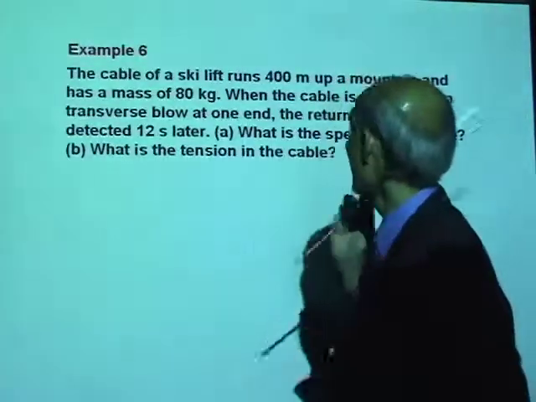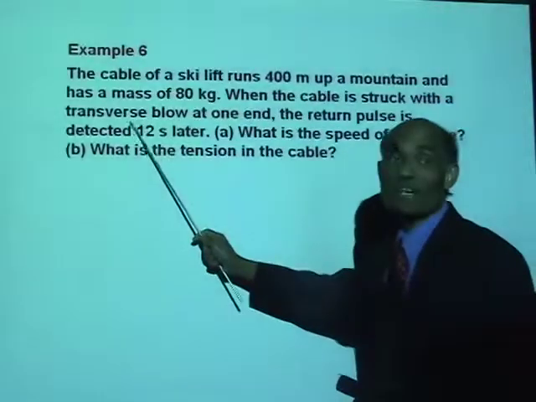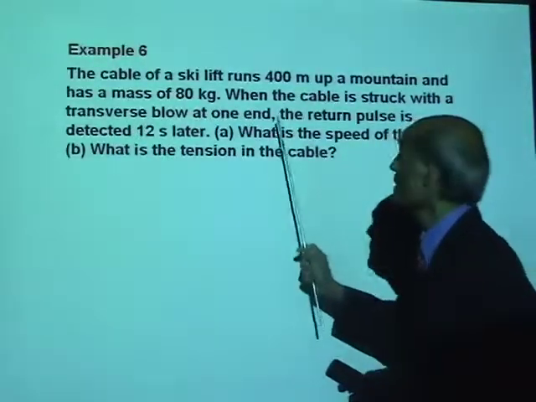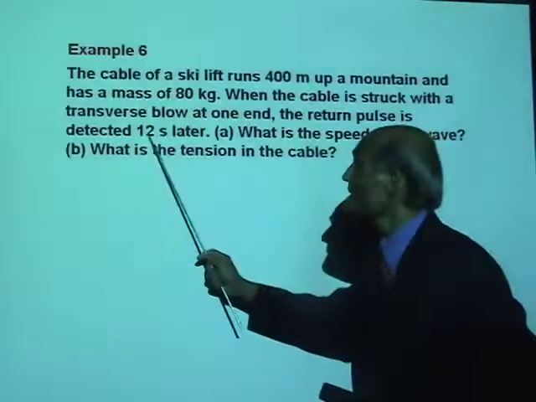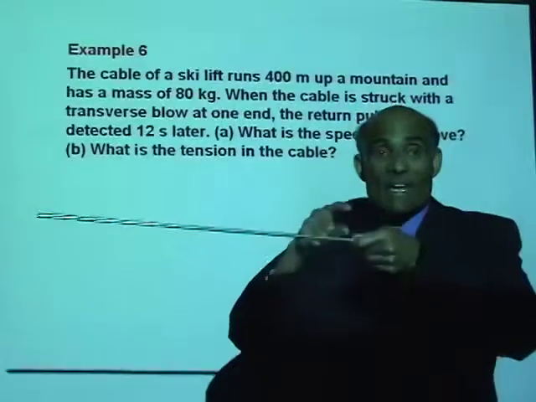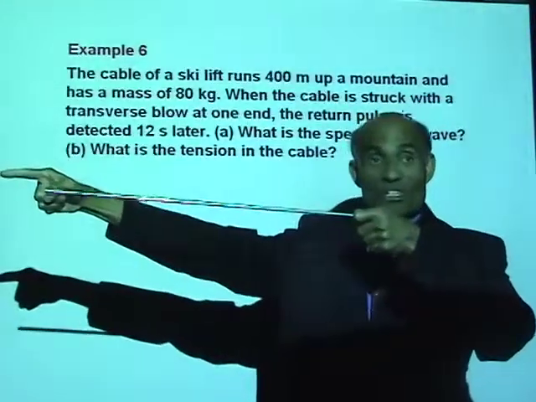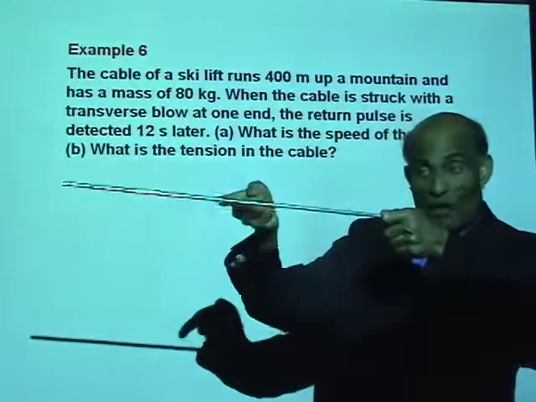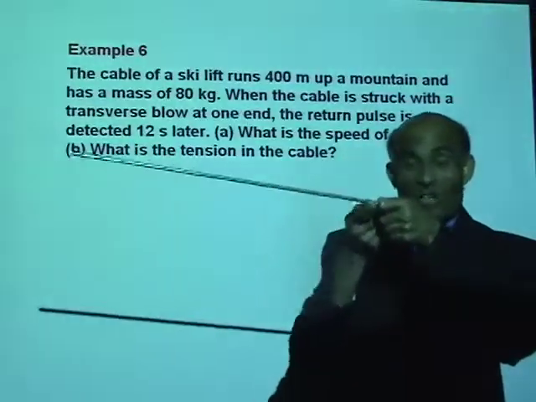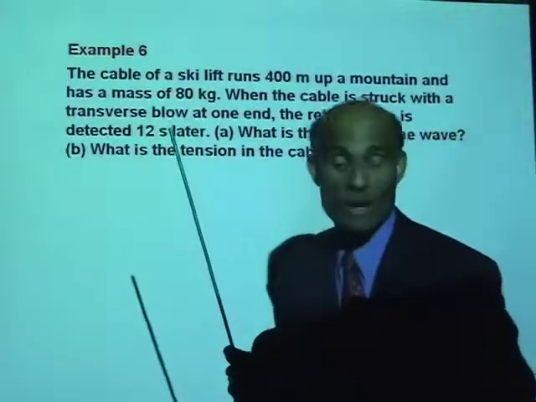Now what happens here? When the cable is struck with a transverse blow at one end, the return pulse is detected 12 seconds later. The energy advanced all the way to the end of the cable and it got reflected, and the energy came back in how long a time? 12 seconds.